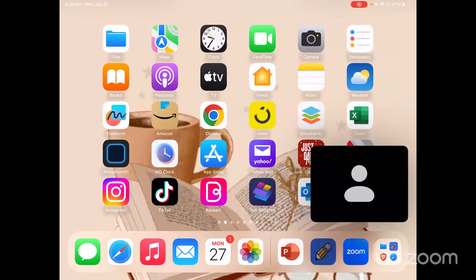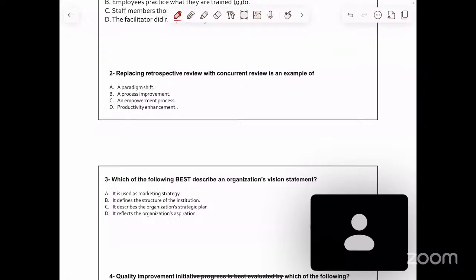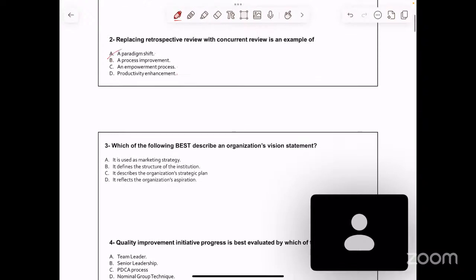Okay, what's the answer here? So the answer here is letter A, paradigm shift. Because replacing retrospective review with concurrent review represents a fundamental change in approach.